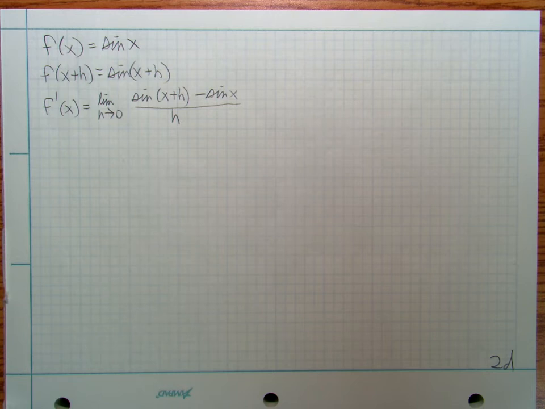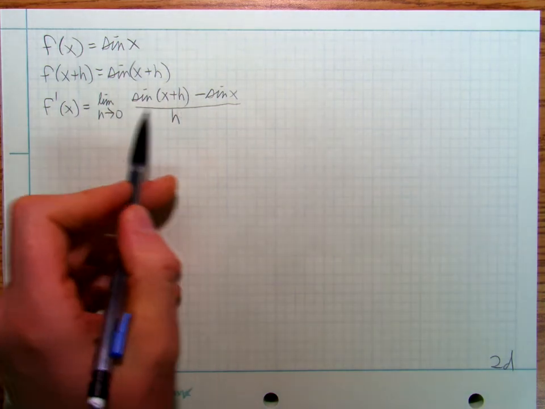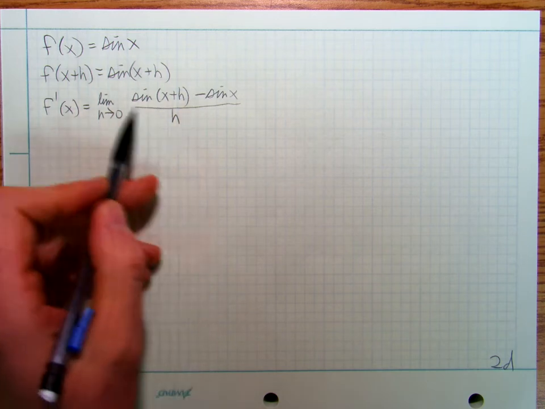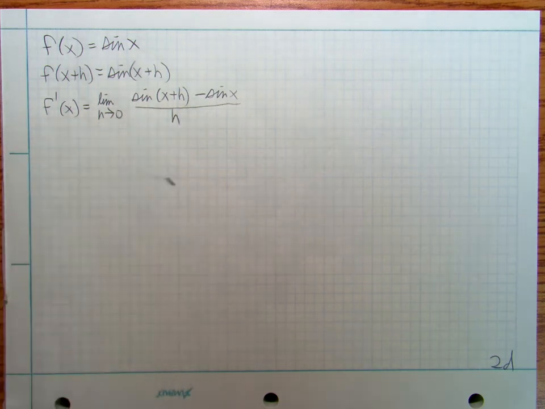Well, how are we going to deal with this? There is a formula in your math reference relating to that, and you should probably hit pause and go find it.